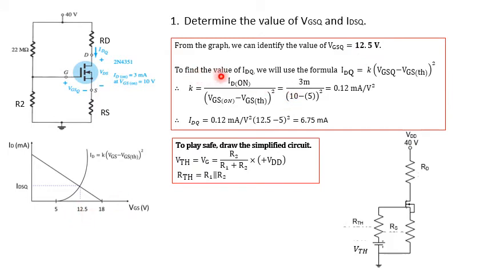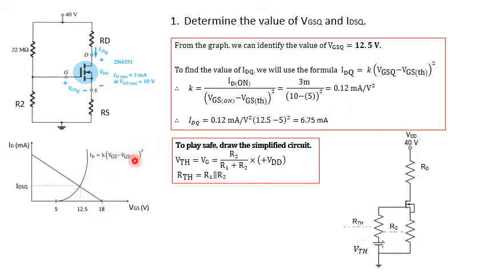To find the value of the IDQ, we will use the formula IDQ equal to K times VGSQ minus VGSTH squared. Remember just now, you used this formula in order to plot the graph. But now, the original value of the Q point has been given.